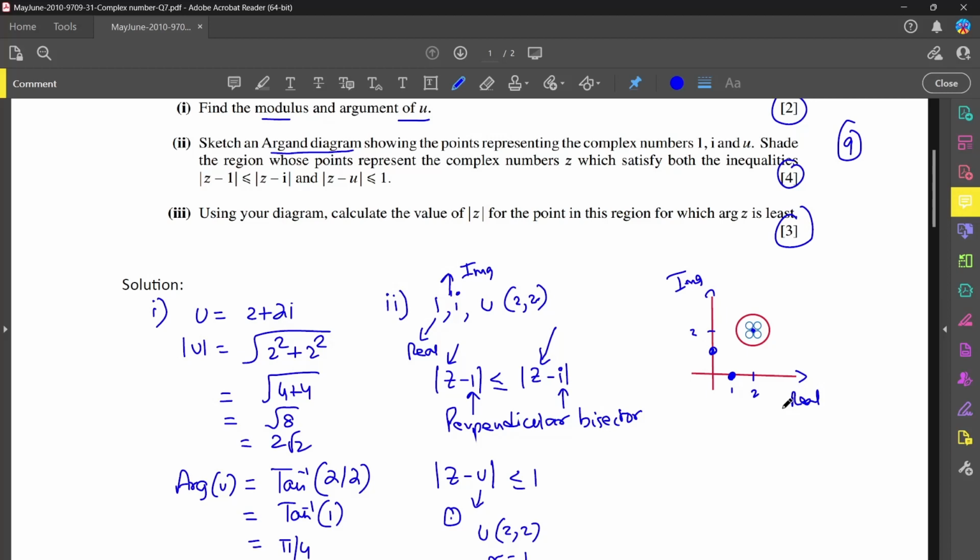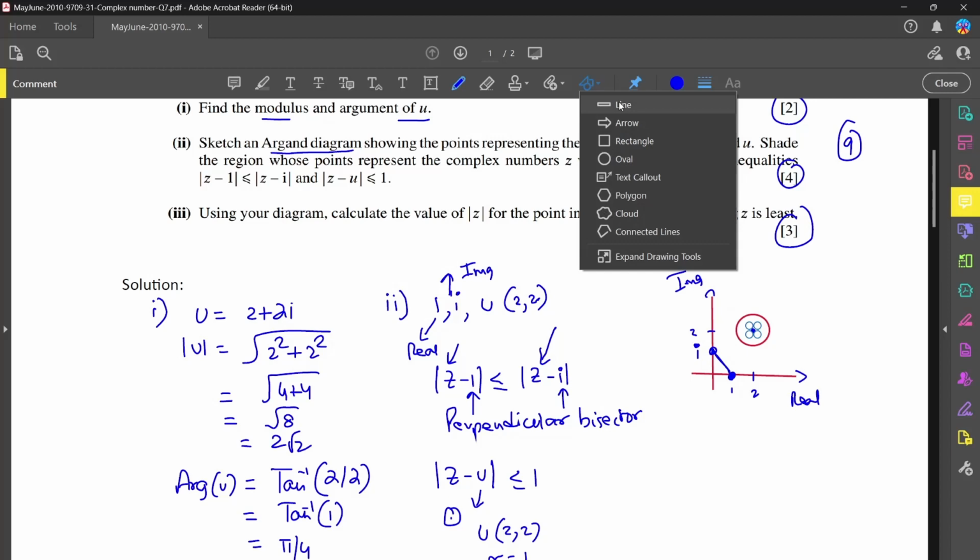Now first we'll connect the line. This is i. We're going to connect the line joining the points i and 1. We need to draw now a perpendicular bisector for this.